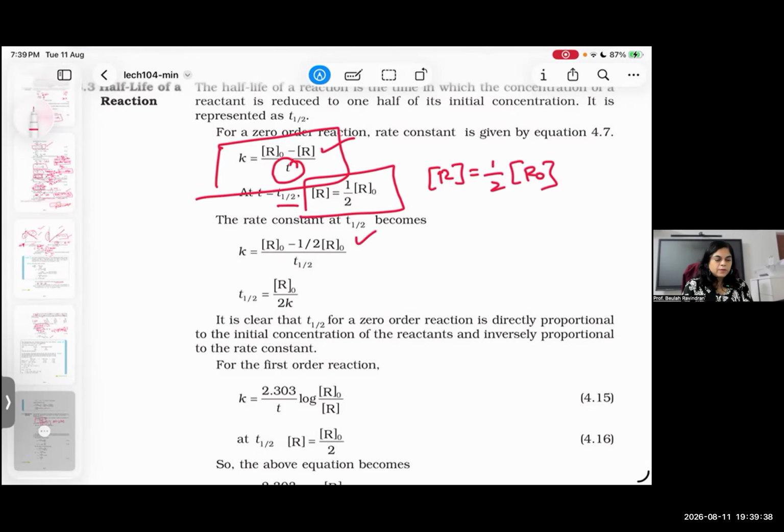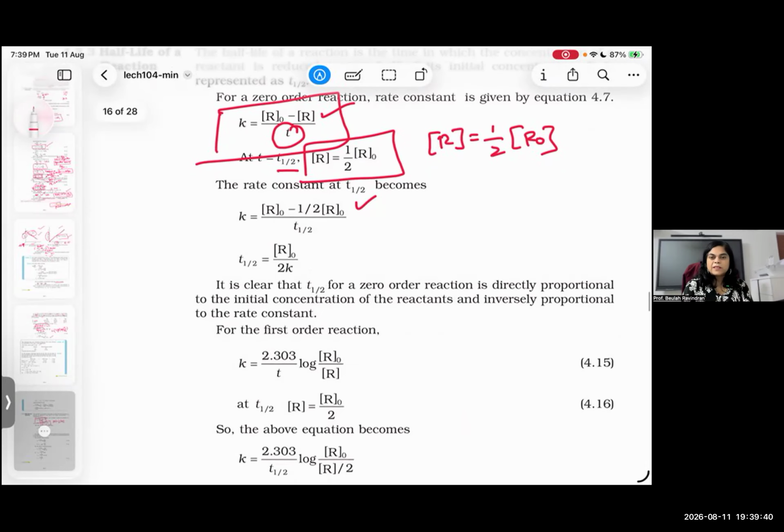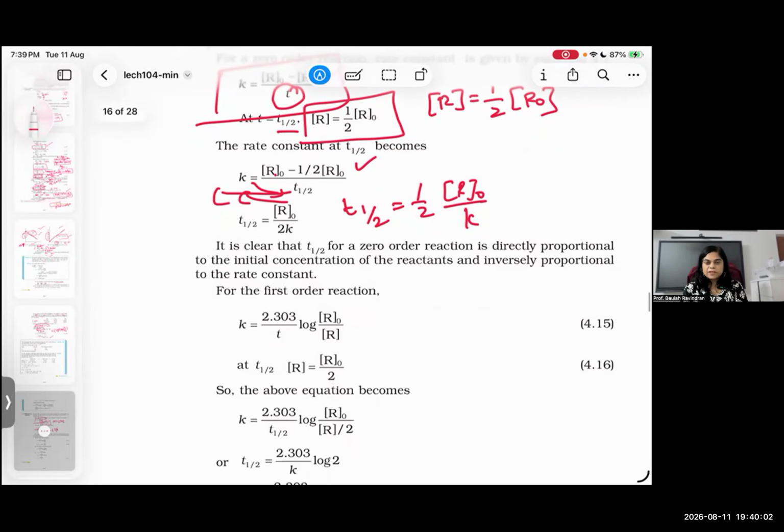So T half is equal to R naught minus half R naught, which is half R naught. So T half is equal to half R naught by K. So this is the half-life period of a zero order reaction.